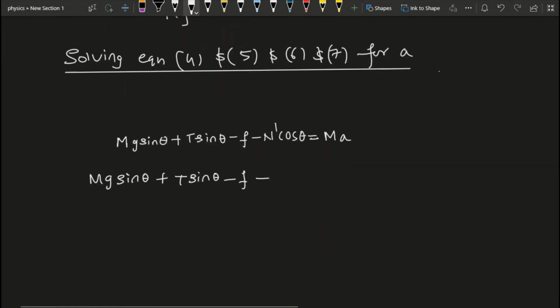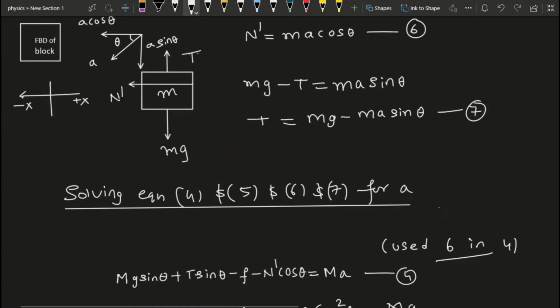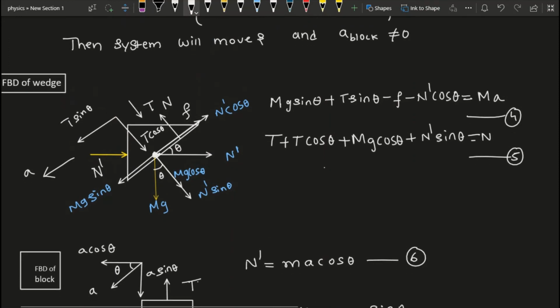Ma cos theta. So small m into a into cos square theta is equal to capital M into small a. One portion is over. I have taken the fourth equation and I have used equation number 6 in equation number 4.